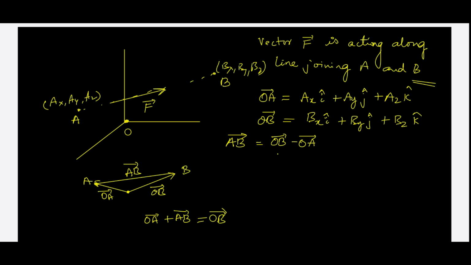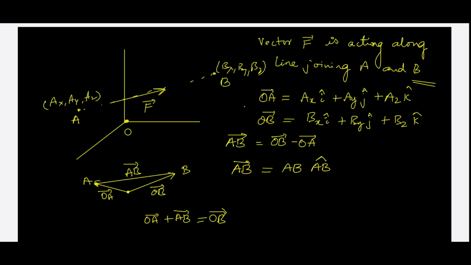So how do we write our vectors? We can write vector AB as the magnitude AB, written without the arrow on top, times AB cap, which is the unit vector along AB.